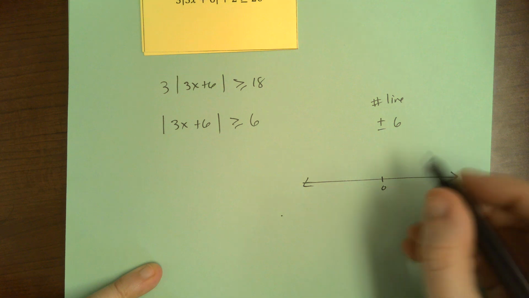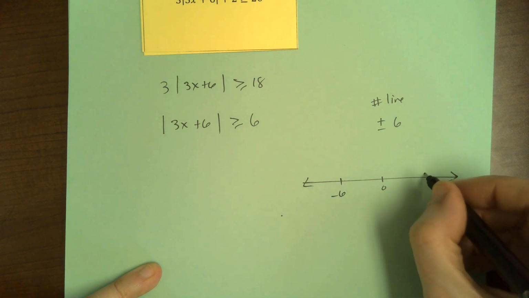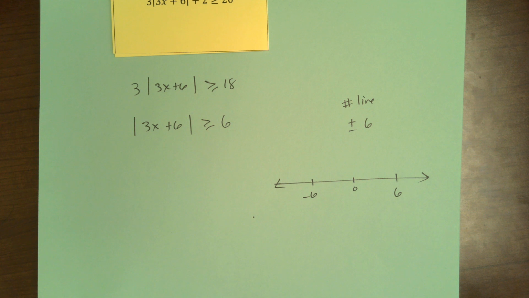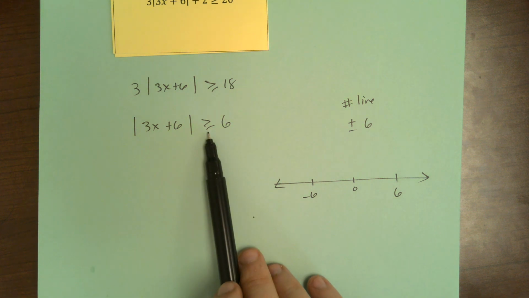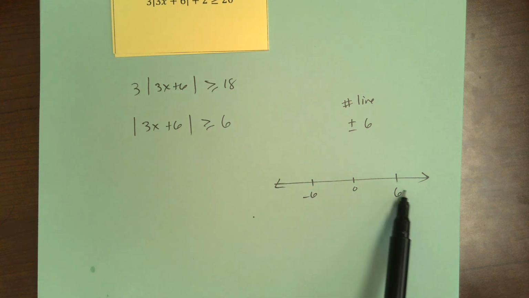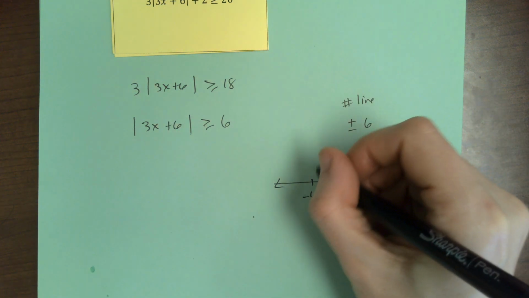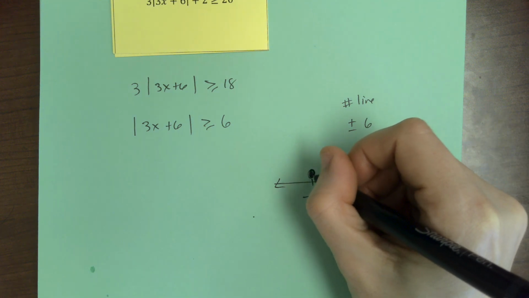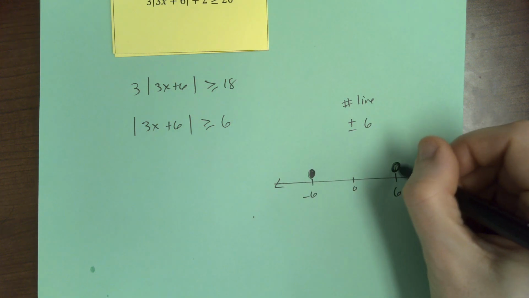So 0 is in the middle, negative 6, positive 6. Now, because of the greater than or equal to, that means that we would be including these, because or equal to would actually be including those.